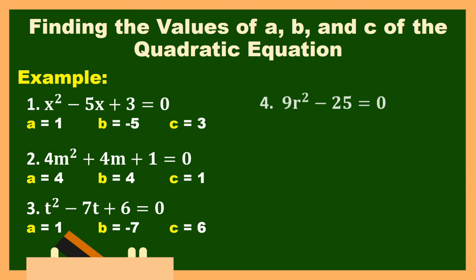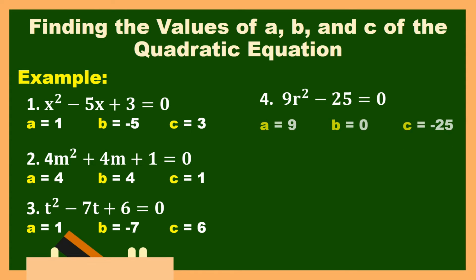And number 4 example, 9r squared minus 25 equals 0. So, the value of a is equal to 9 and b is equal to 0. 0 siya dahil wala naman tayo ditong linear term. And ang value naman ni c or the constant term is equal to negative 25.